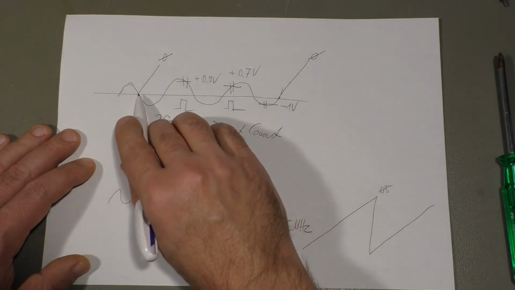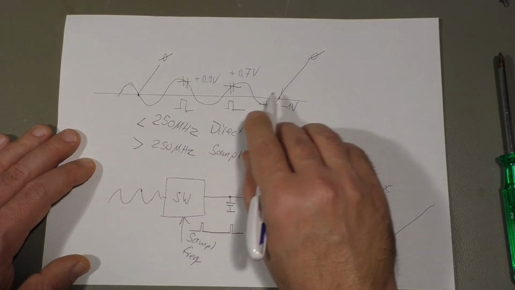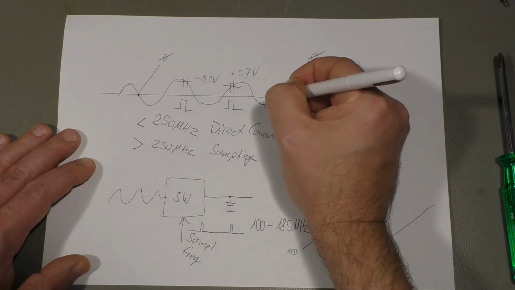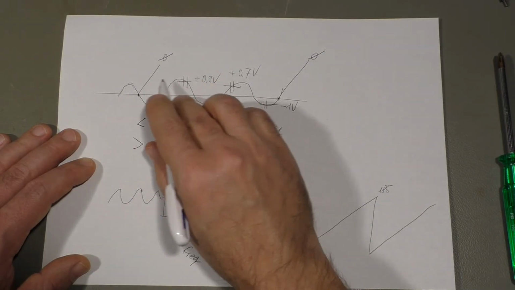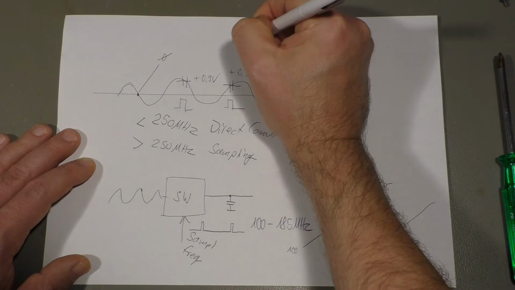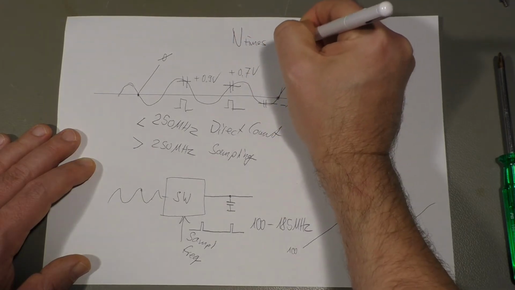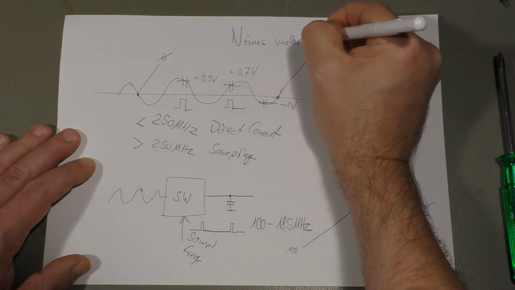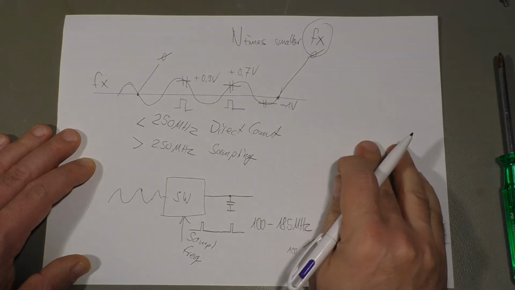So you probably hit only every 1, 2, 3, 4, 5, 6 zero crossing here. So that means your sampling frequency is n times smaller than the frequency you want to measure, fx, that's the input frequency.